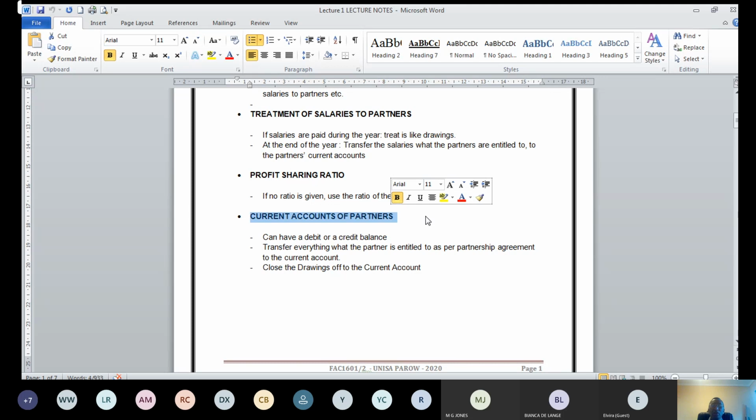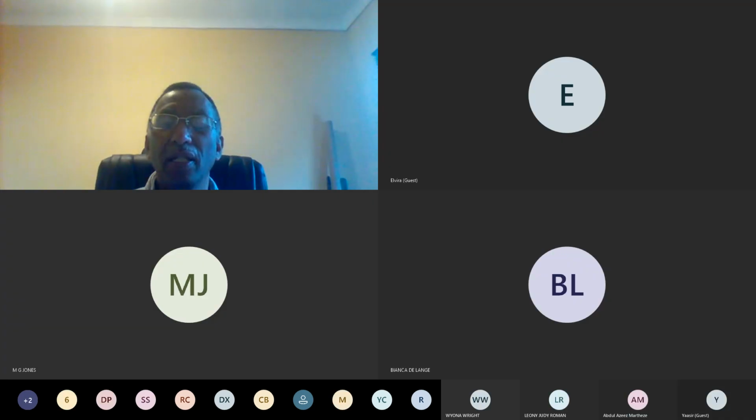Let me just explain to you as far as the debit and the credit balances are concerned here. A current account of a partner normally will have a credit balance, which is therefore a positive balance because it is equity, which increases on the credit side.